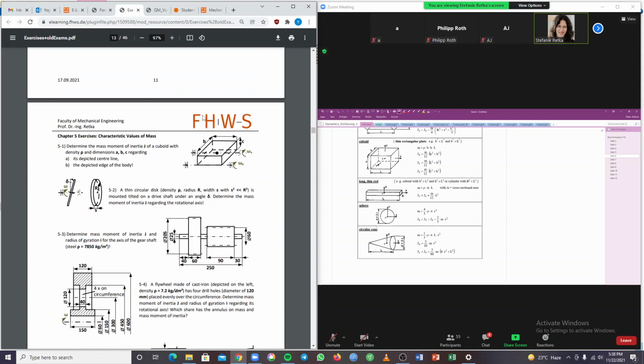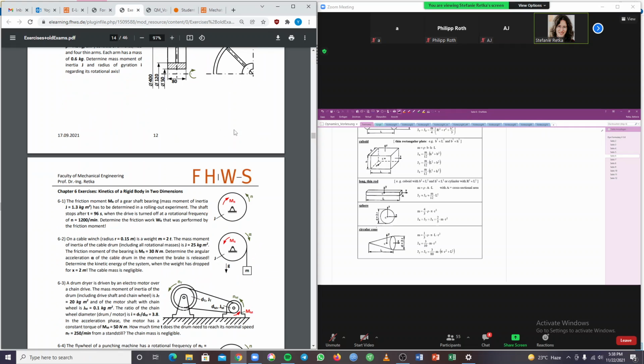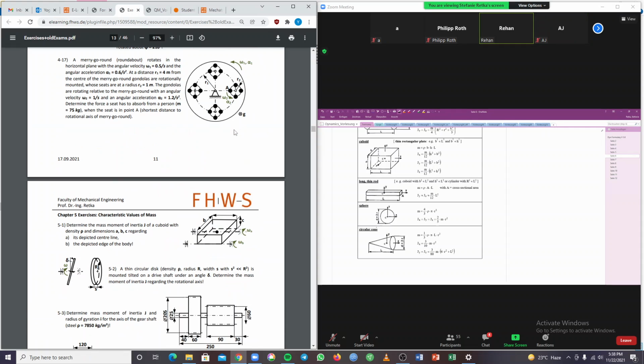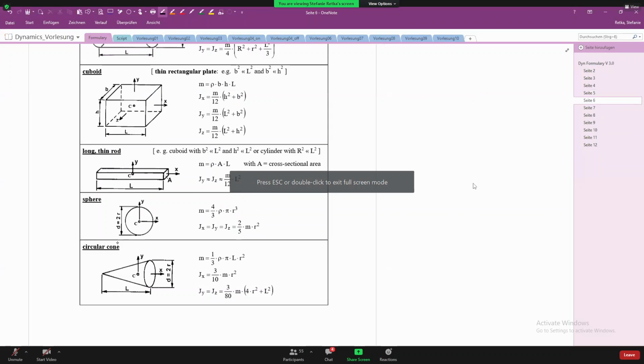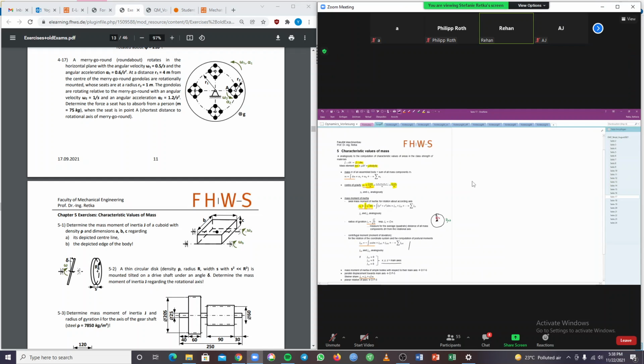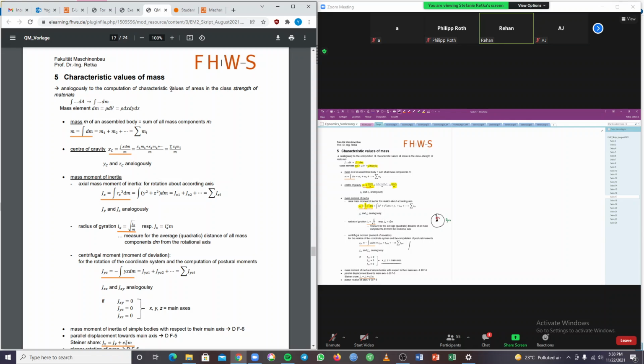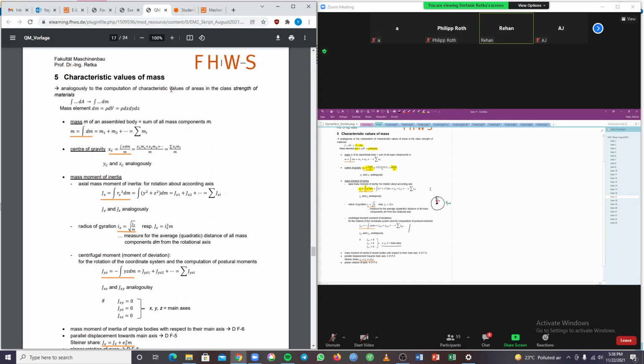Okay, are there any questions so far? Yes, I have a question to page 16 of the script. In the very end, it says DF6, DF5, and so.